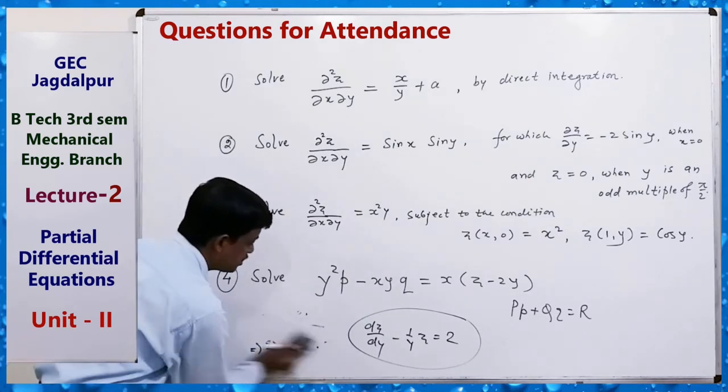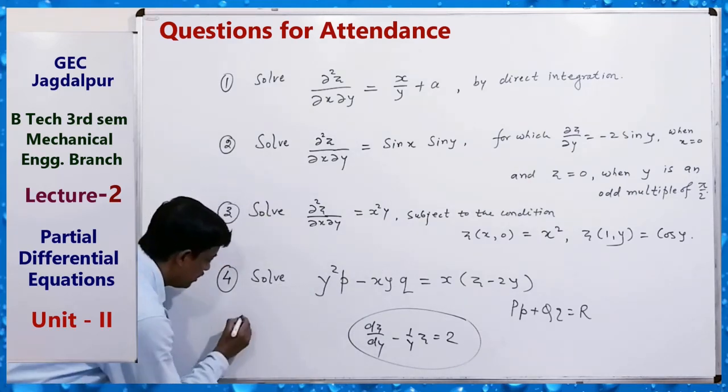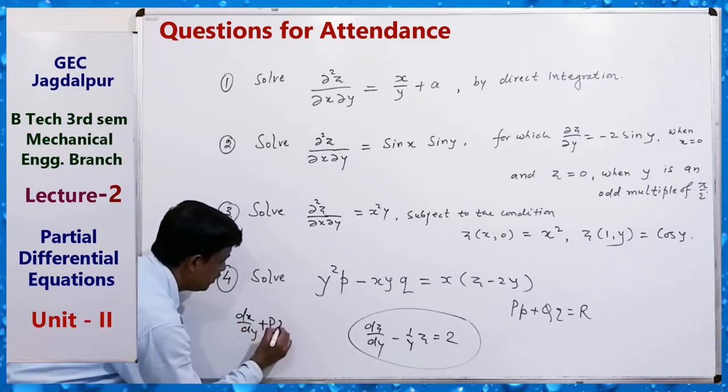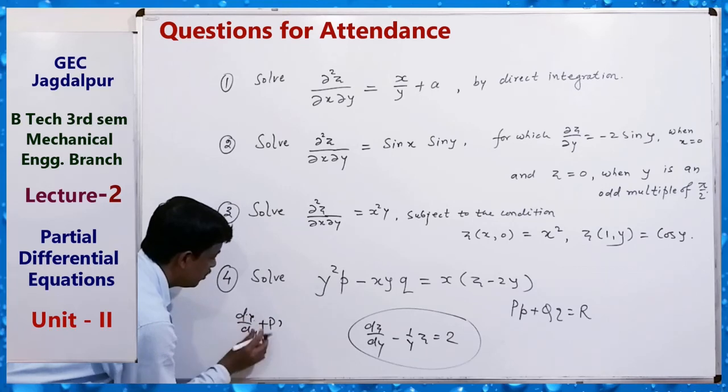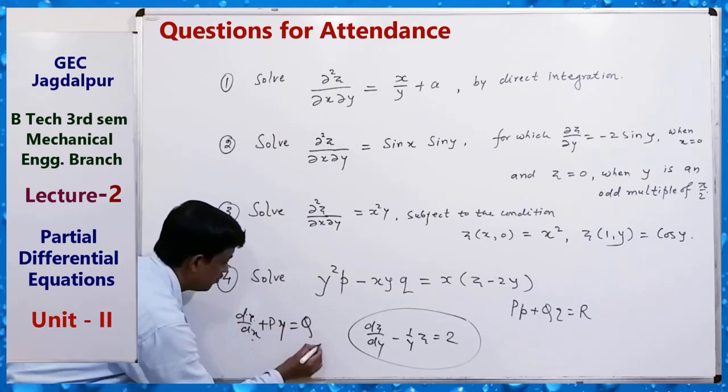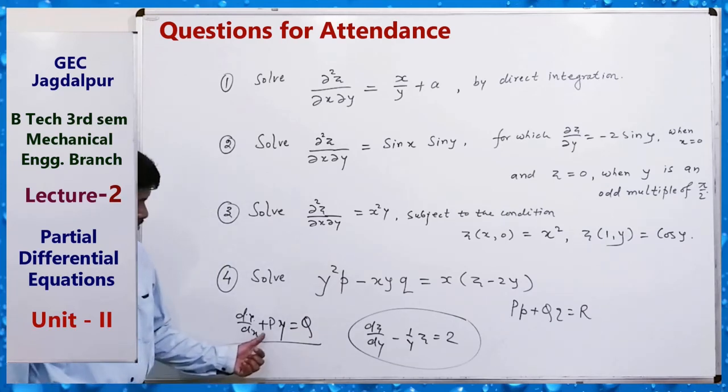Which type of linear equation? dy by dx plus Py equals to Q. We know how to solve it.